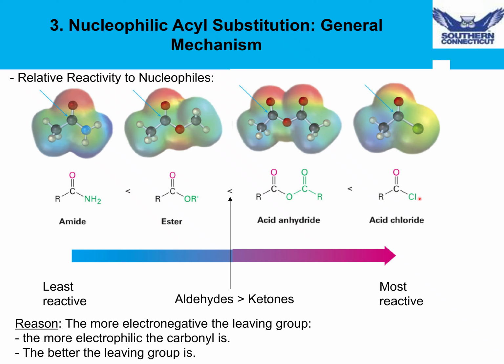Chlorine and bromine also are fairly electronegative, so they make for great leaving groups. There are a few other reasons. Sometimes we use the explanation that the nitrogen, for example, can resonance stabilize into this carbonyl, so it makes that bond really strong. There are many reasons we use to explain the trend we see here.